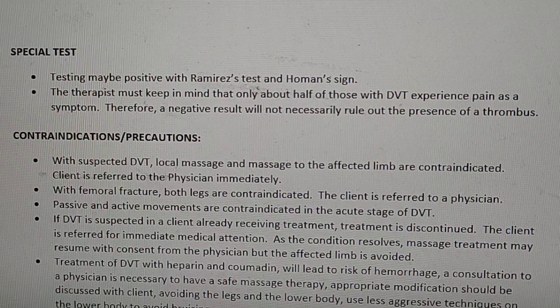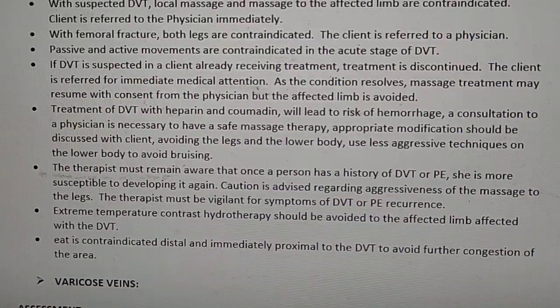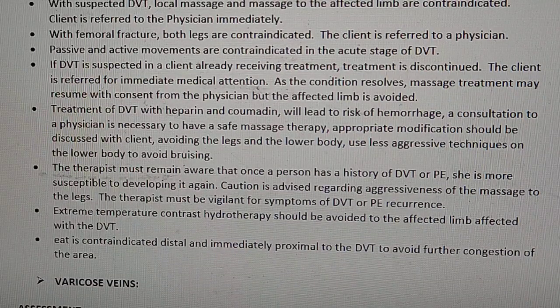Treatment of DVT is with heparin and Coumadin. These are the most popular medications. These are anticoagulation medications, anti-blood clot, and will lead to risk of hemorrhage. A consultation with a physician is necessary to have a safe massage therapy.